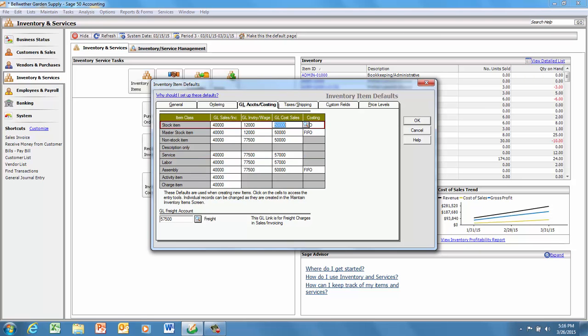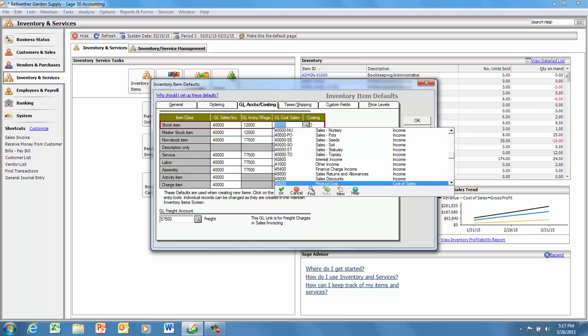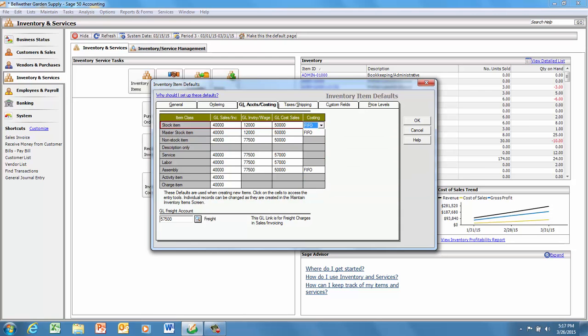This third column says, well, what account do you want to use as being the cost of goods sold account? And so if it's an inventory item, we're going to use the account called product cost as being our cost of goods sold item.